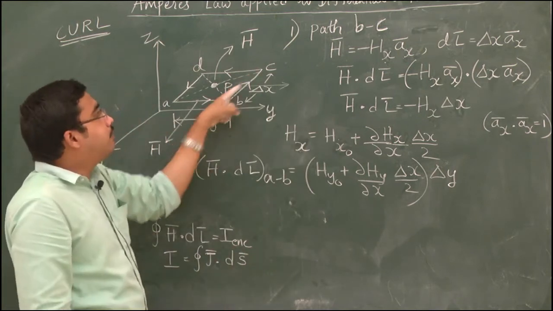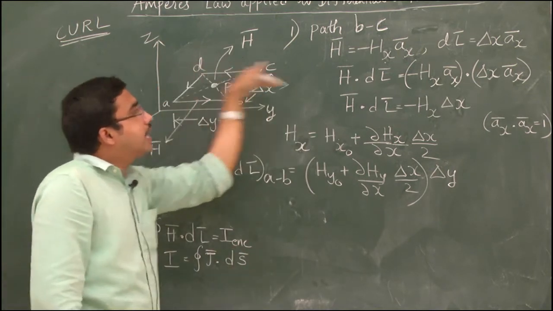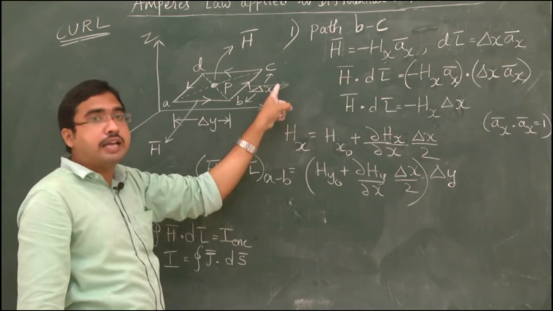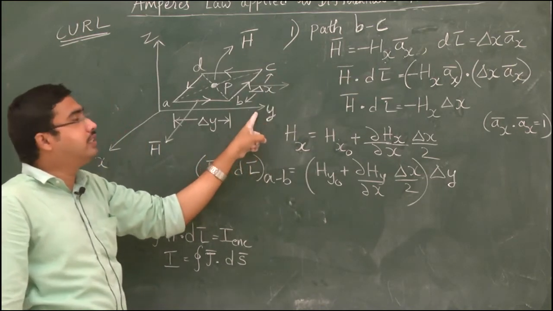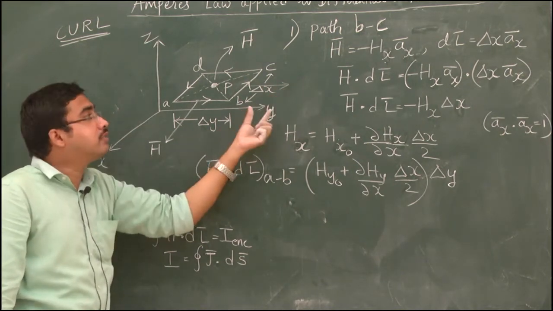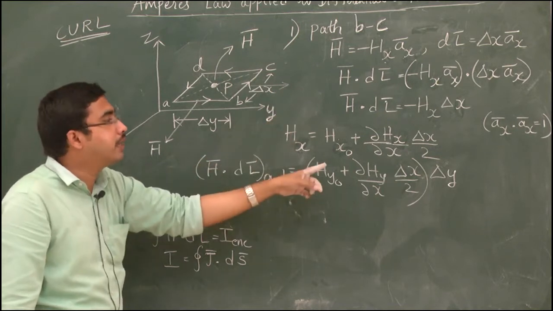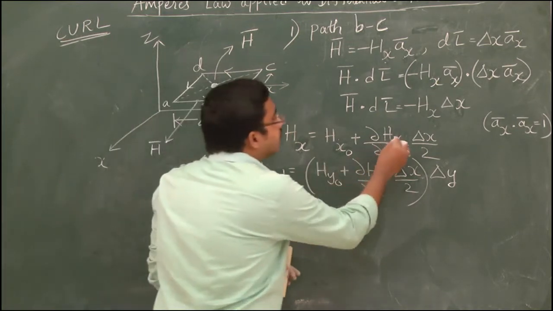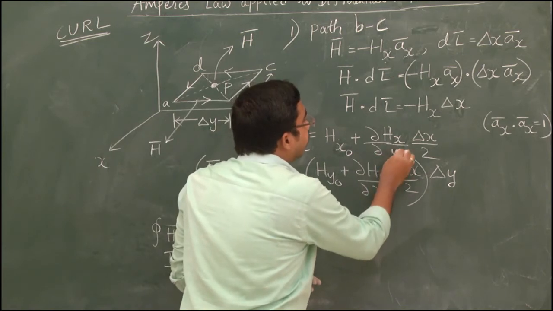Now, your path BC is like this and your H bar is acting perpendicular to that path. That means this direction of H bar is matching with which axis? Y axis. So your Hx will vary with respect to which axis? Y axis. So dou Hx by dou y.